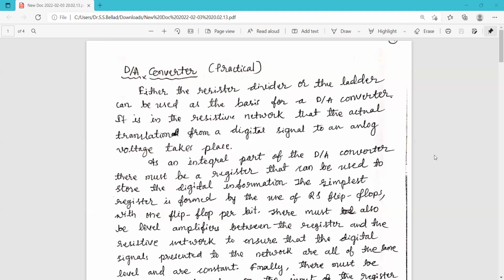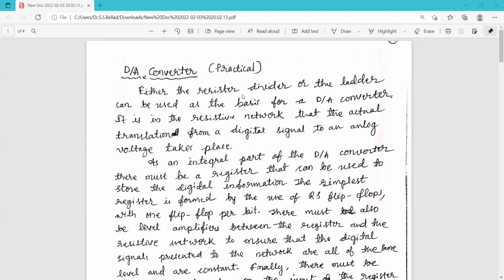A lot of other components or other circuitry are required to convert a digital signal into an analog signal. So in this session, I am going to discuss a practical digital to analog converter, how it looks like, and what are the important components or the parts of this digital to analog converter.